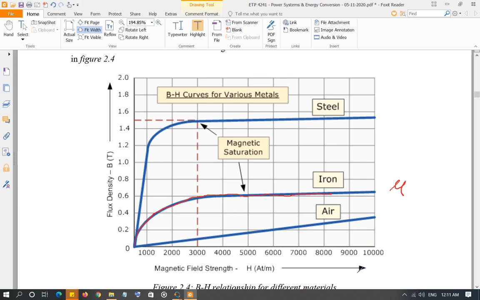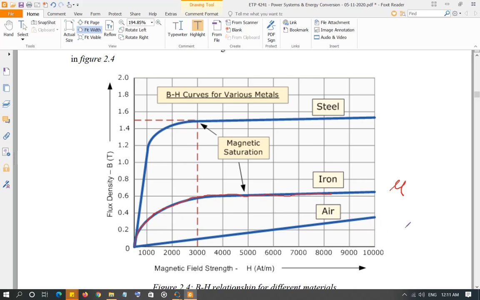At one point, all of them will be properly aligned, and at that time, no matter how much current you increase beyond that, since they are already aligned, they are not going to align more, because alignment is already done. So after that, your magnetism is not going to increase, no matter how much current you produce. We call that the saturation point, and all magnetic substances have some saturation point.